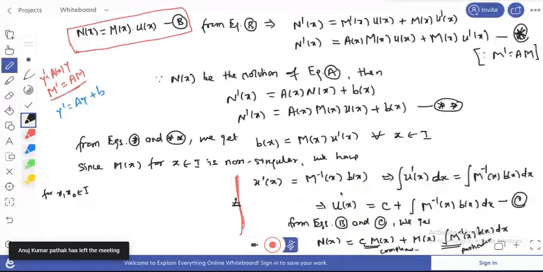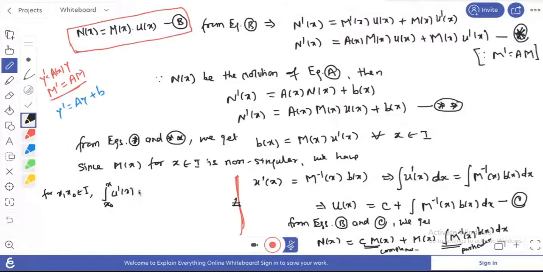So from this stage you can integrate from x naught to x of u prime x. This equals the integral from x naught to x of m inverse, and here we change the variable because the limits are in terms of x. Okay, so we change this variable, and now you can solve this.